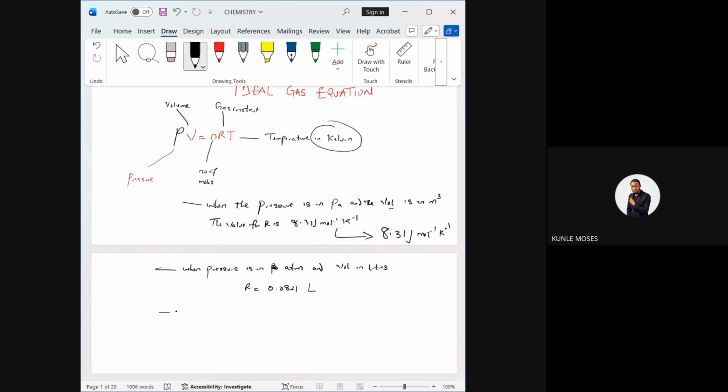Hope you understand what I'm trying to say. Very good. And the last one, when the pressure is in millimeters of mercury, your R is 62.4 liter mmHg per mole per Kelvin.